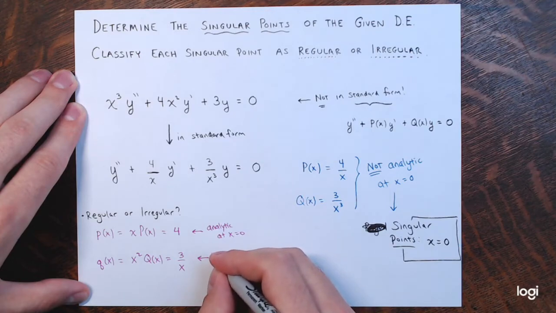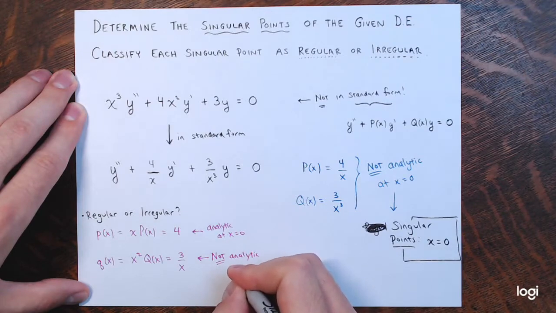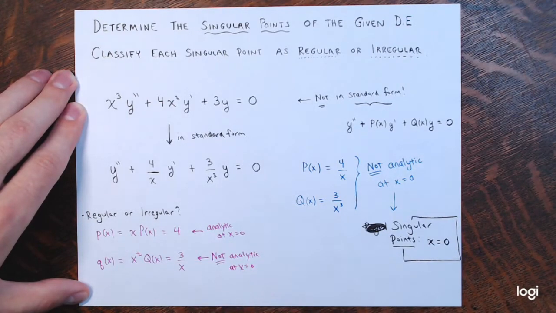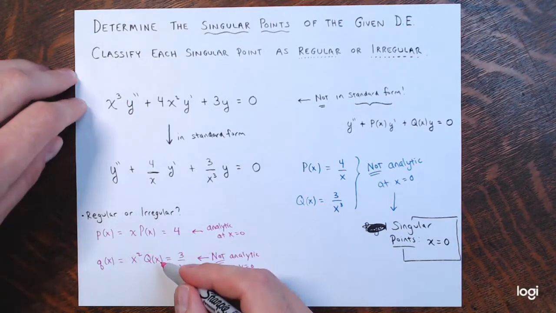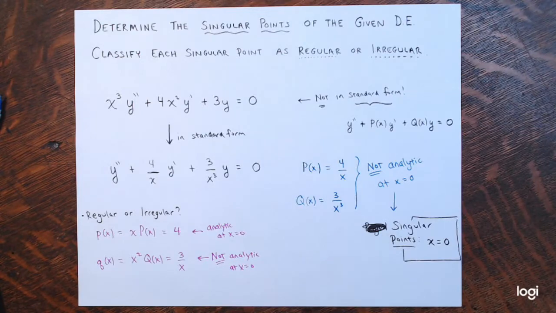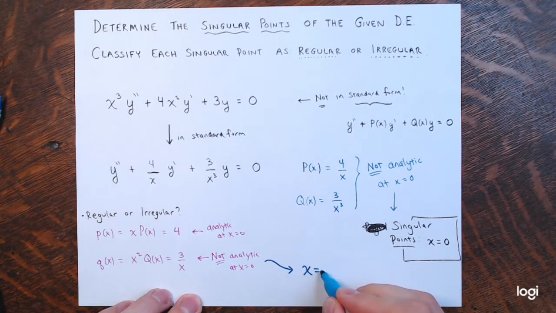This is not analytic at x equals 0. And if one of these fails to be analytic at that value, then that singular point is irregular. Both of these functions have to be analytic in order for that singular point to be regular. So since one of them fails, x equals 0, by the definition I showed you on that page from that textbook, is an irregular singular point.